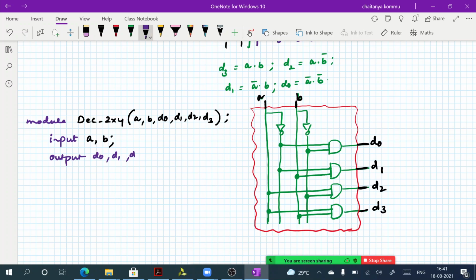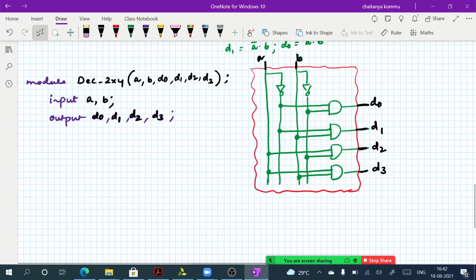D0, D1, D2, D3. Next, I should write the internal circuit. How many gates are there? We have to count here: gate 1, gate 2, gate 3, gate 4, gate 5, gate 6. Six gates are there.